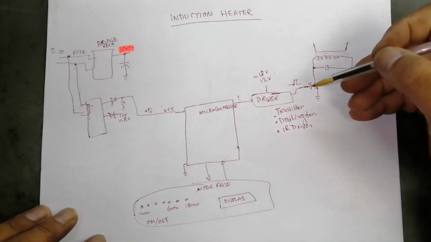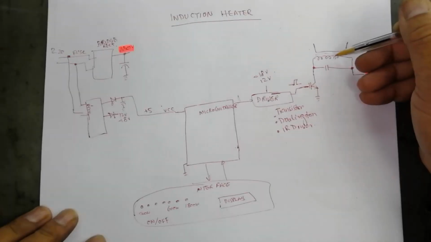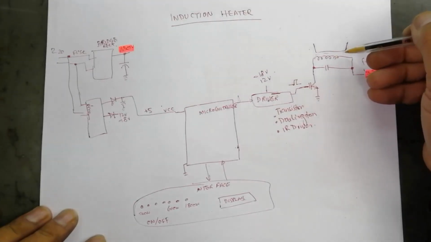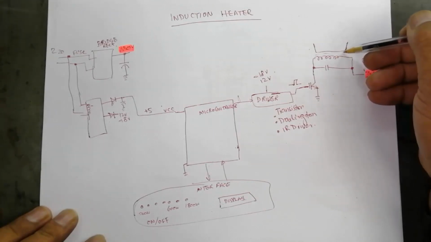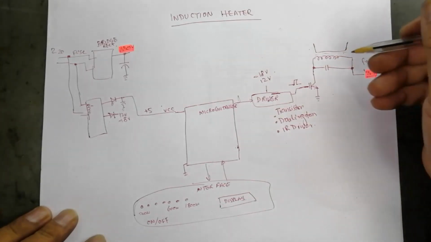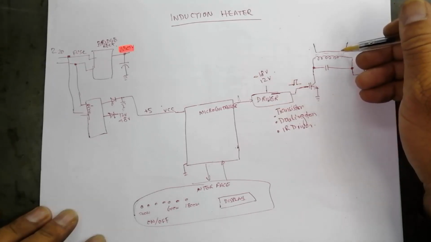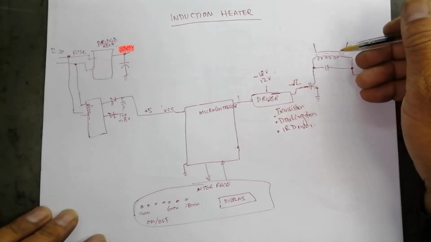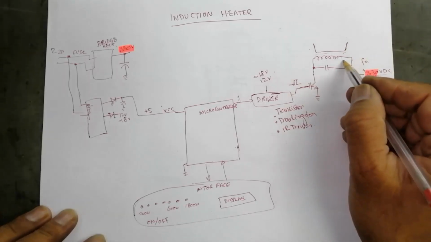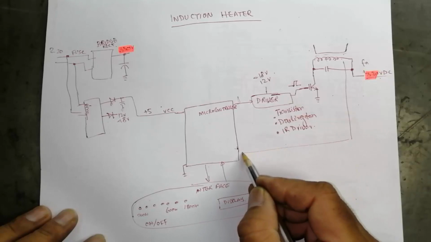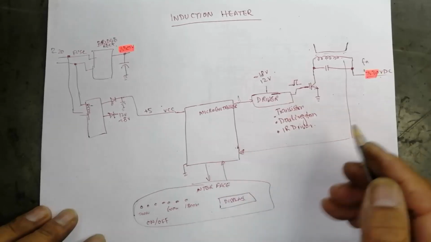Then there is another safety here. Here is a temperature sensor in this area, which will sense the temperature of the cooking pot from overcooking, over temperature. So a temperature signal is fed here.